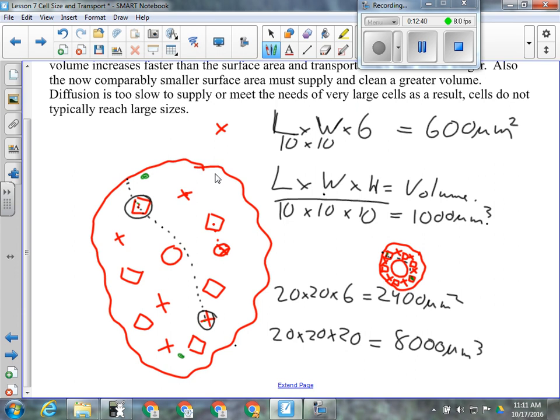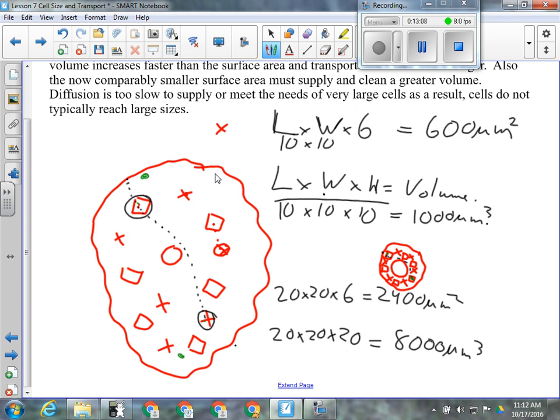All right, so 2,400 divided by 600, how many times bigger did that get? 4 times. Yeah, it got 400% bigger. Yeah, so it got 4 times bigger. How much bigger did this get? 8. Okay, see how the volume increases faster than the surface area does?